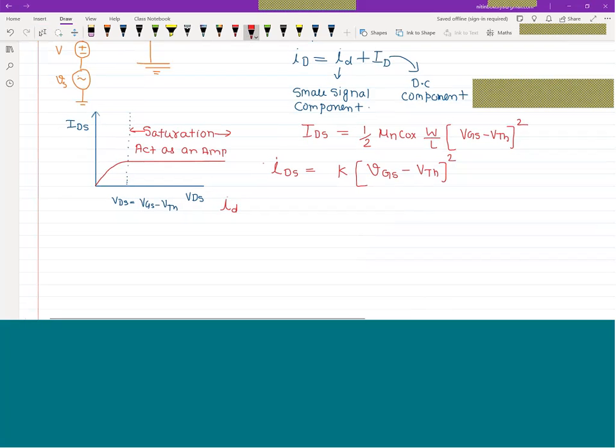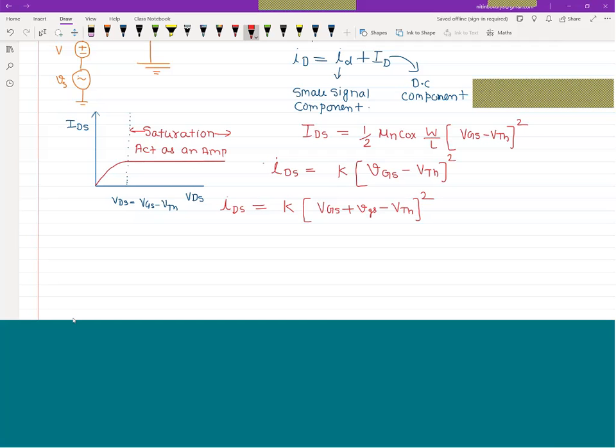So IDS, an instantaneous value, is equivalent to K times of (VGS plus small vgs minus VTH) whole square. This is the idea.